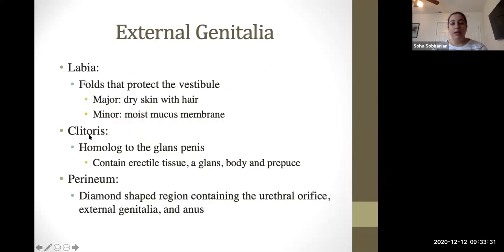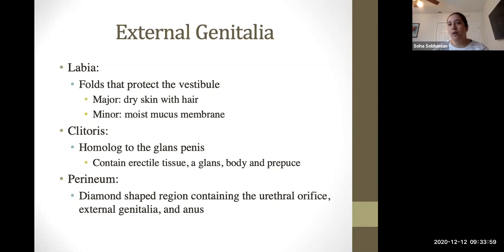So again, quick note, guys, the clitoris is homologous to the glans penis in terms of erectile tissue. It does contain erectile tissue very similar to the corpus cavernosum or corpus spongiosum. It is covered by the prepuce, which is basically the labia minora.